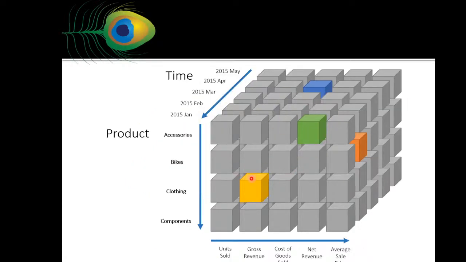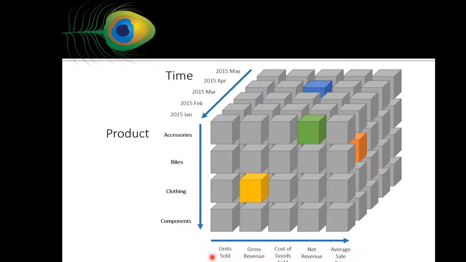Okay. So I think this diagram gives you a clear picture of the data cube, OLAP cube, right? Rahul? Yes, sir. Suppose I ask you a question from this diagram so that you can understand clearly. I want to find out the number of units sold.